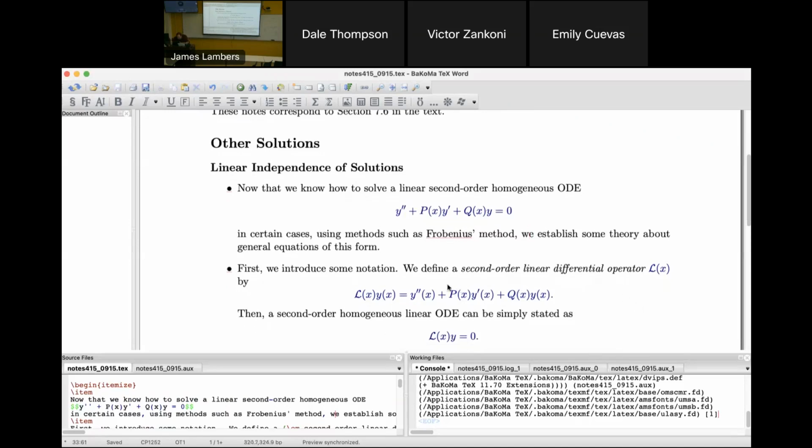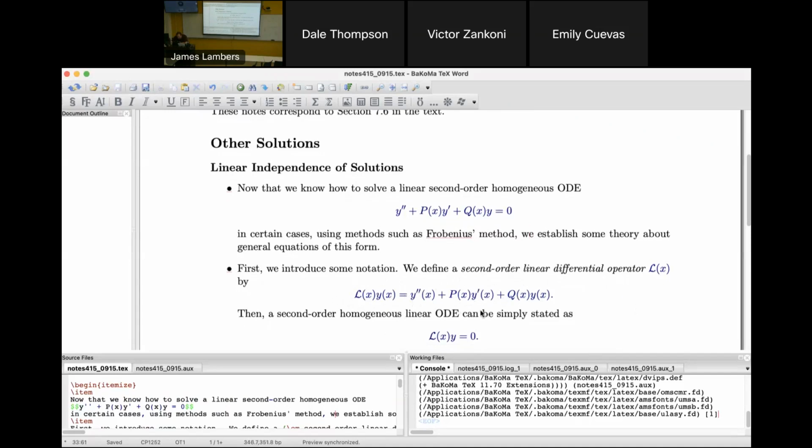second solution. So first, we talked about linear operators before, and here we have an example of a linear differential operator that's applied to y. And what that linear differential operator does is take derivatives of y, multiply them by functions of x, and add them up.